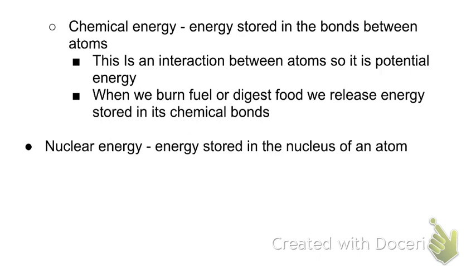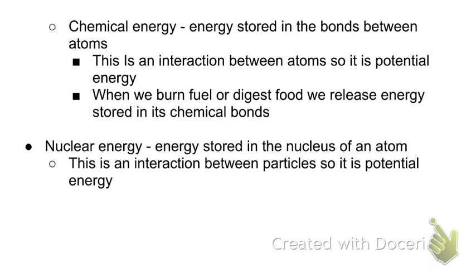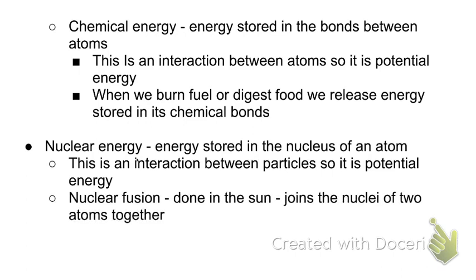And then the last one is nuclear energy. This is energy stored in the nucleus of an atom. And this is an interaction between particles. So it is a type of potential energy. Nuclear fusion, which is the process that's happening in the sun, joins the nuclei of two atoms together. When those particles interact, a great deal of energy is released.